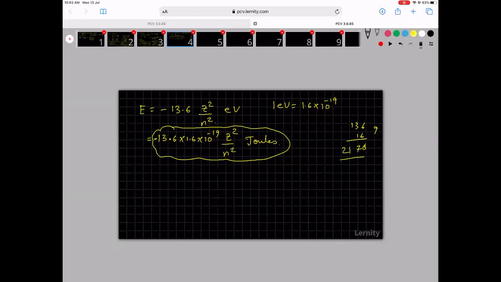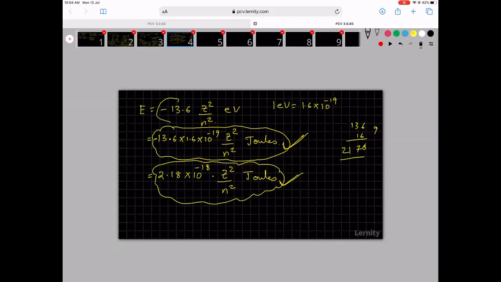So approximately it is equal to 2.18 into 10 power minus 18 into z squared by n squared joules. So please, this you have to remember. This is easy to remember. So from here I have told you how each of these has come.